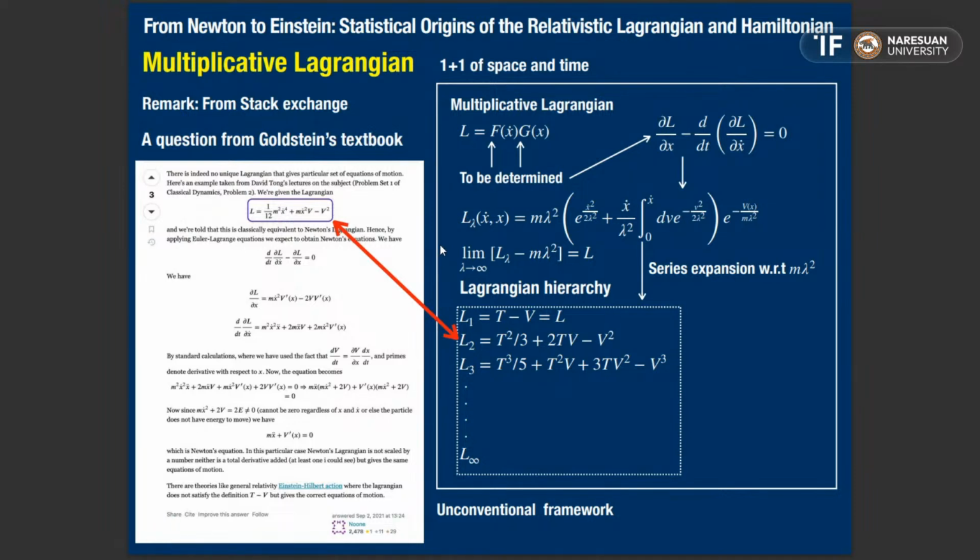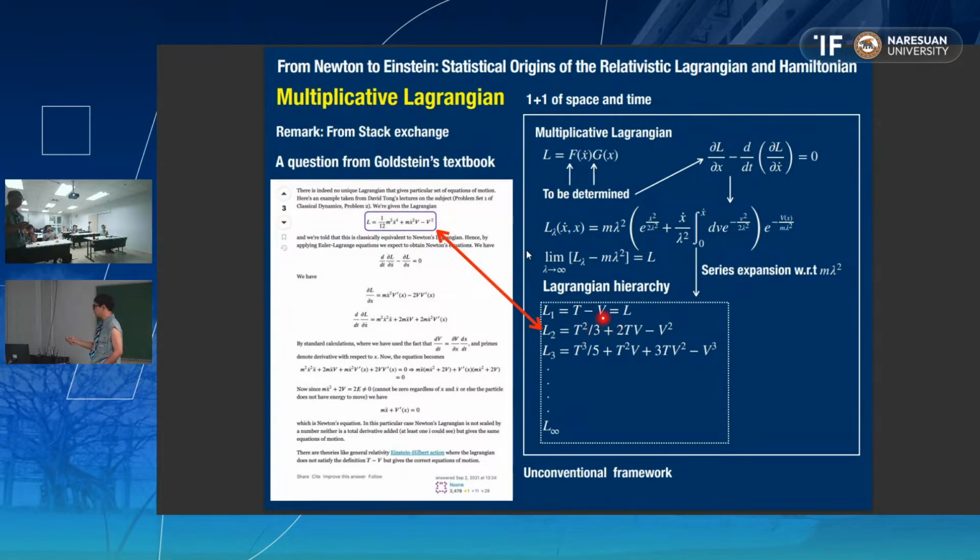Everyone just wondered how to construct this kind of Lagrangian, because nobody knew how one could get it. And if you look at the form carefully, it's nothing but the second one in our hierarchy here.